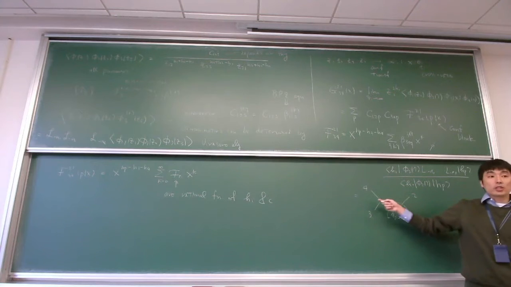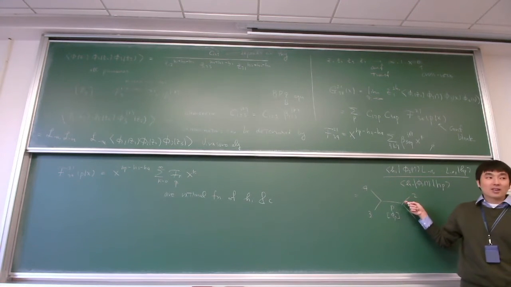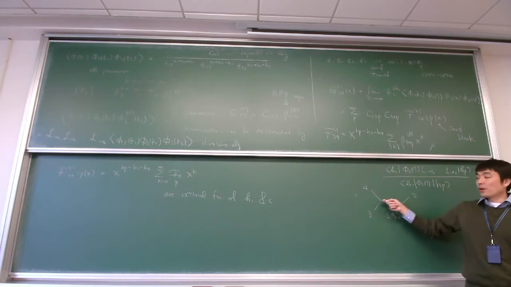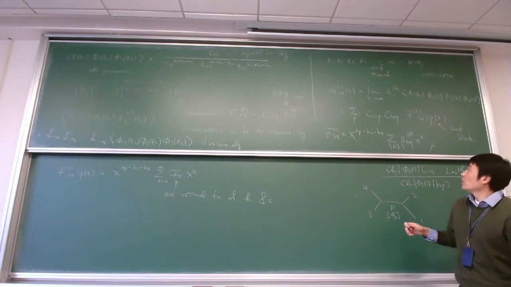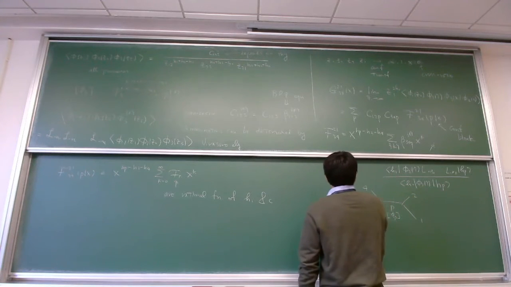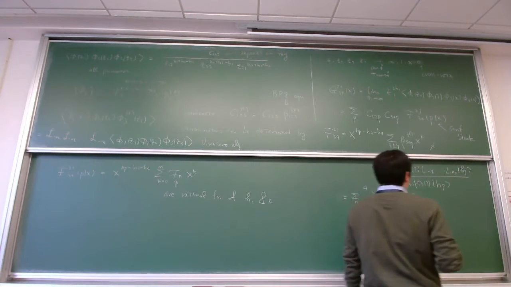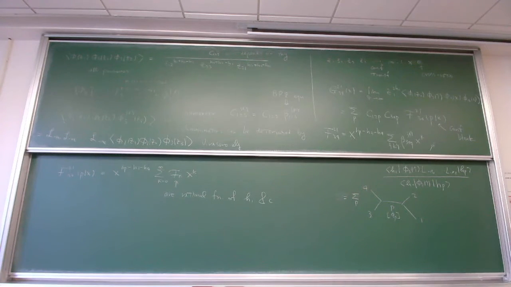So in the internal channel, the state propagates in the middle, and you sum over all possible p. So this is how you can consider this quantity. Here hp is here.